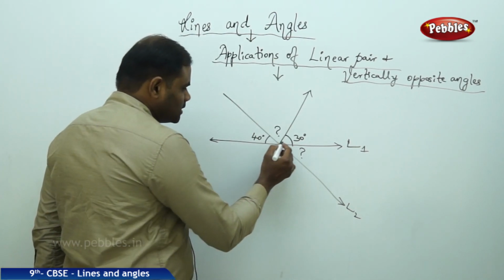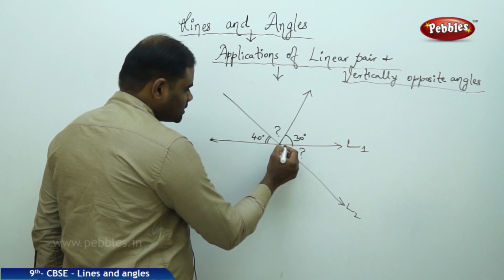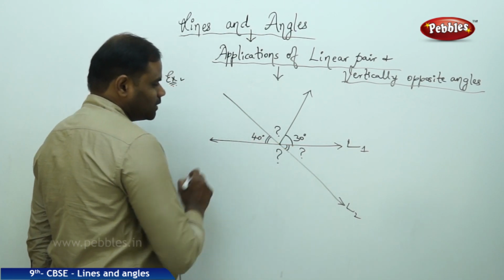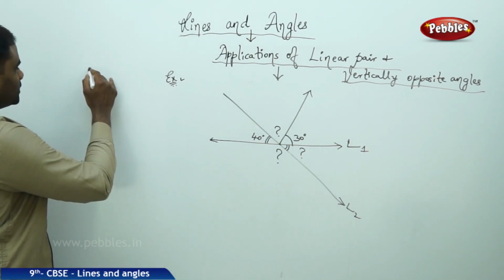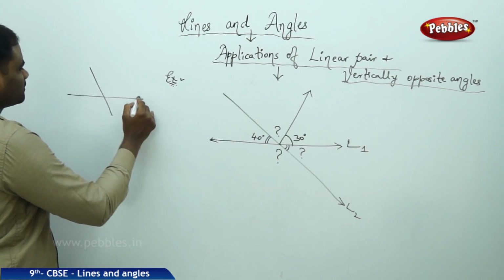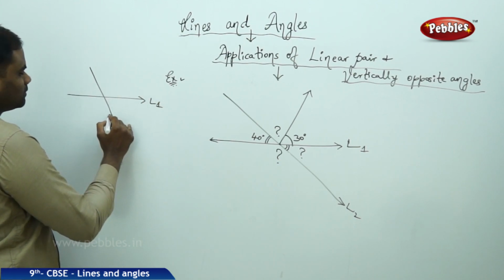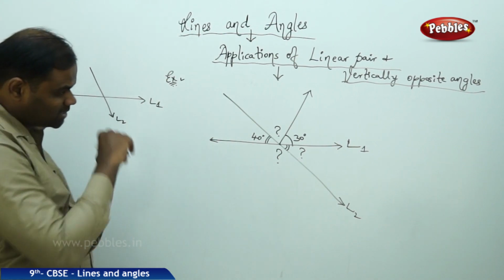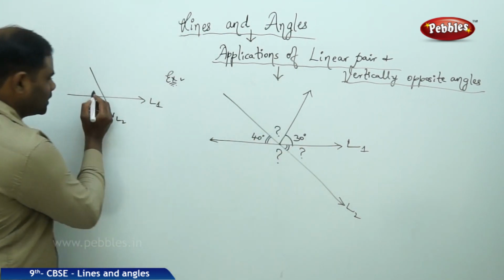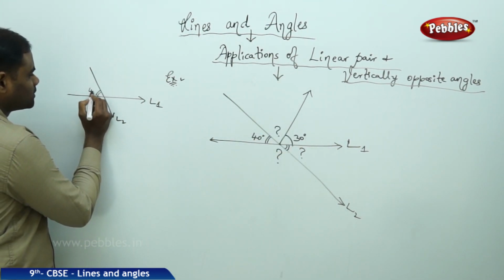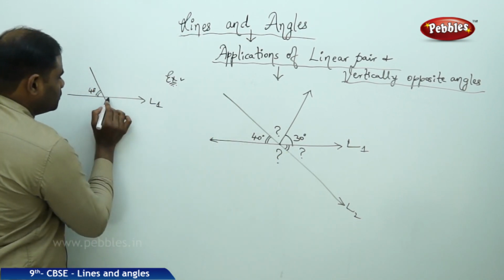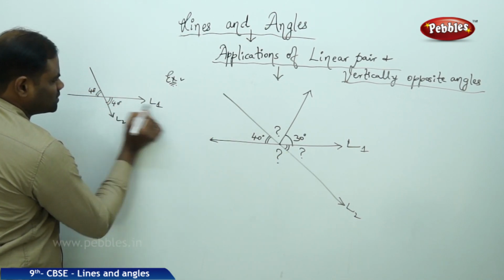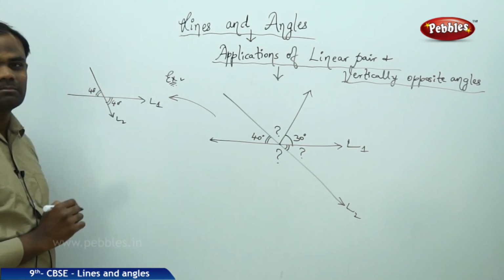As we can clearly see, this is equal to this, as they are vertically opposite angles. If I take the lines L1 and L2 irrespective of the ray, I clearly see that this being 40 degrees must also be equal to this angle, which is 40 degrees.